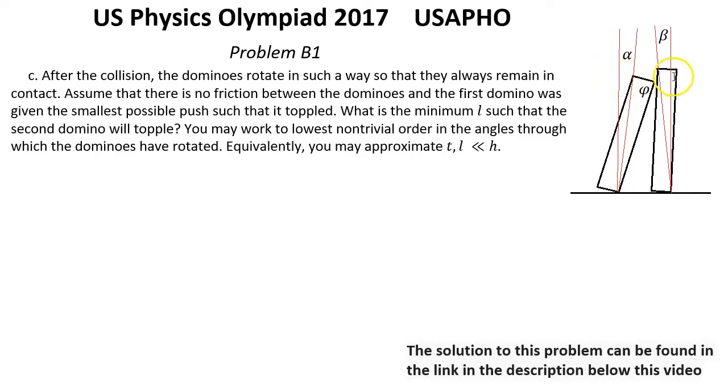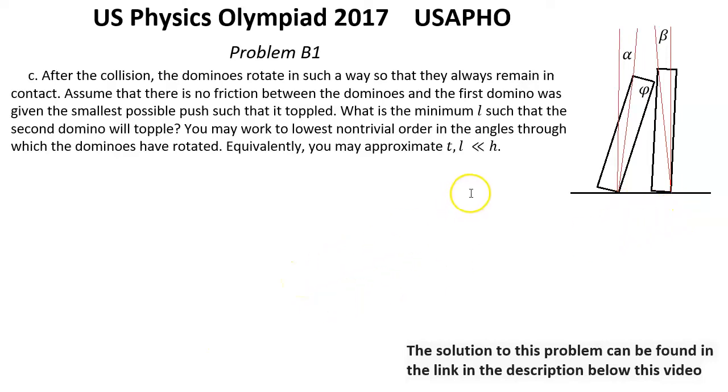And the same thing for the right domino, where we have the angle between this main diagonal and vertical, that's beta, and it's going counterclockwise. And also we have the angle phi, which is between the diagonal and the side of a domino. And now we can count what is the relation between alpha and beta when these dominoes touch each other.